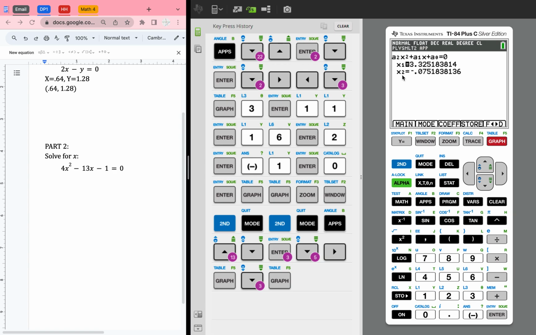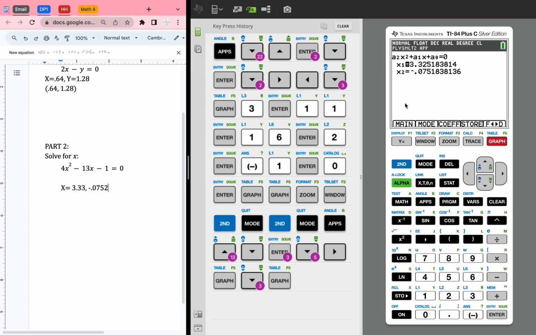This time x1 and x2 both are x values, because quadratics often have 2 answers. So our answers are that x could be 3.33 or negative 0.0752. So those are our 2 answers, and they're not an ordered pair because they're not an x and y. They're just 2 possibilities for x.